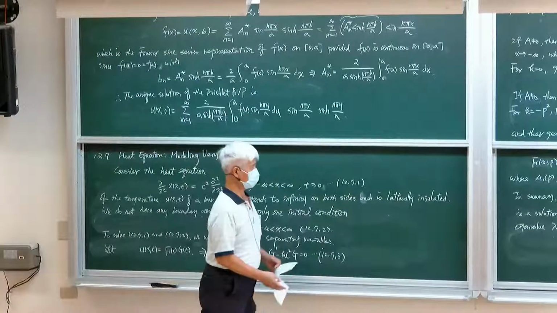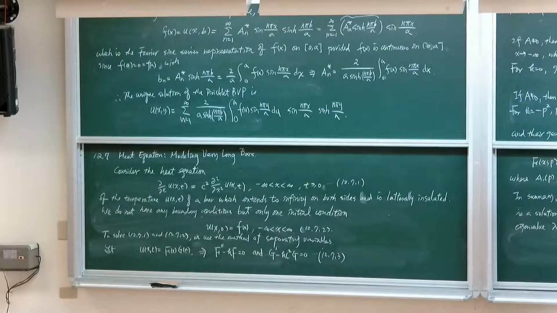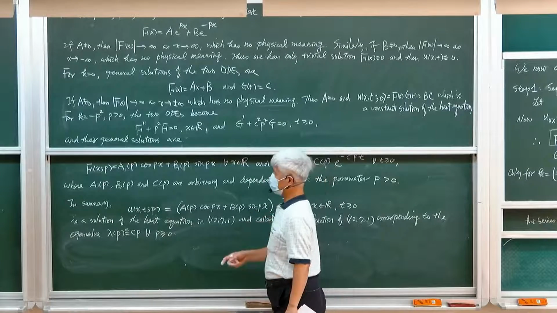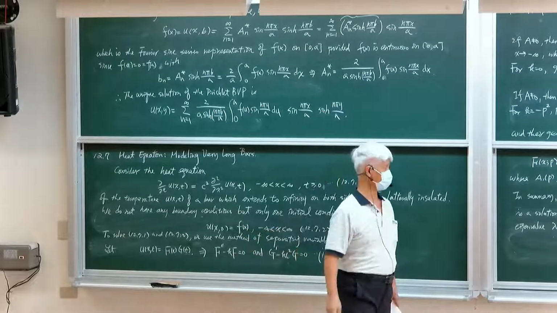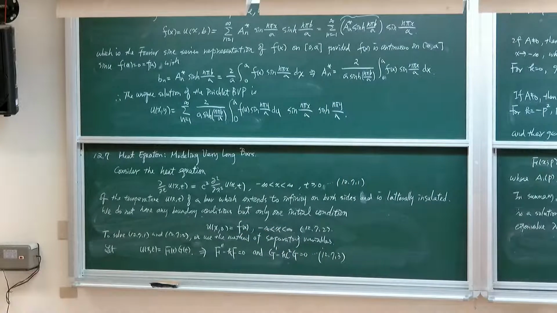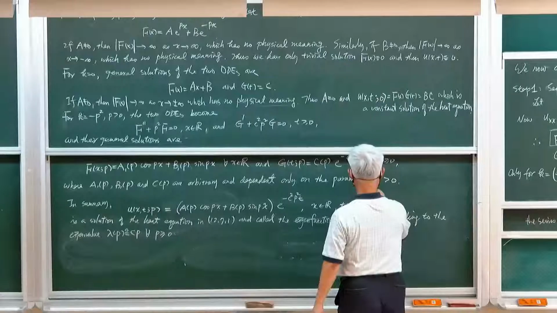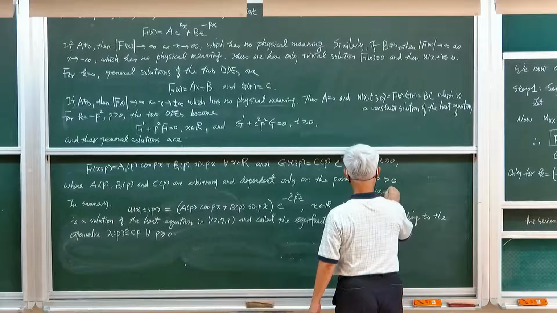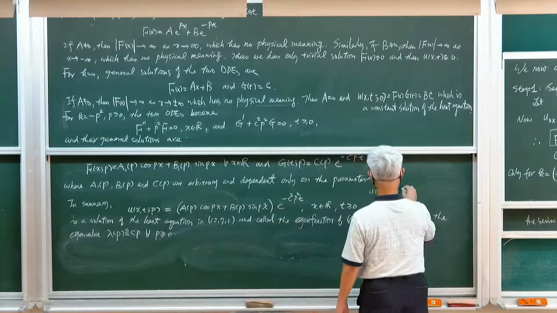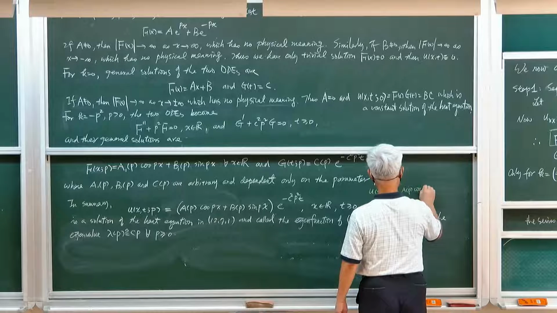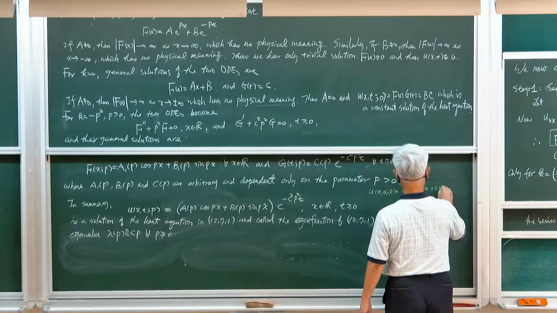So this equation is very hard to satisfy the boundary condition, except that f of x is of a special type. Because u of x, 0, p, we know that when t is 0, this is Ap cosine px plus Bp sine px.